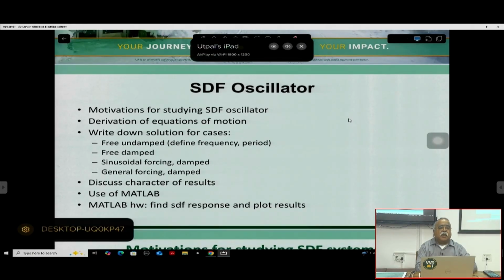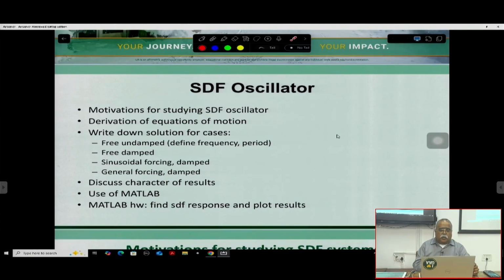So that means it can only have one direction of motion. So it's a single degree of freedom. We assume that structures are single degree of freedom, and we will analyze this response spectrum based on that.